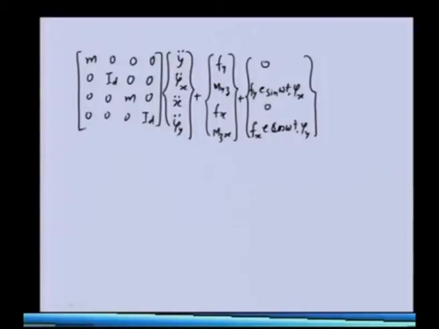Okay. And then we had the centrifugal force which I am keeping in the extreme right hand side.